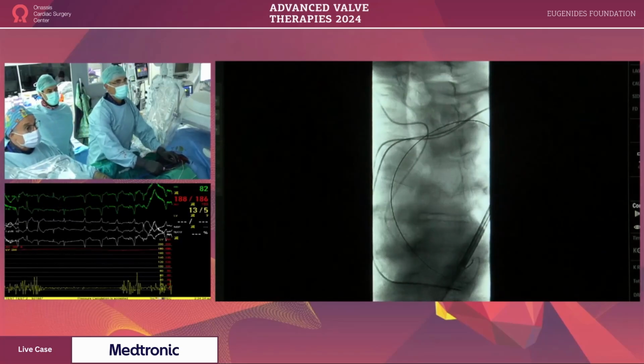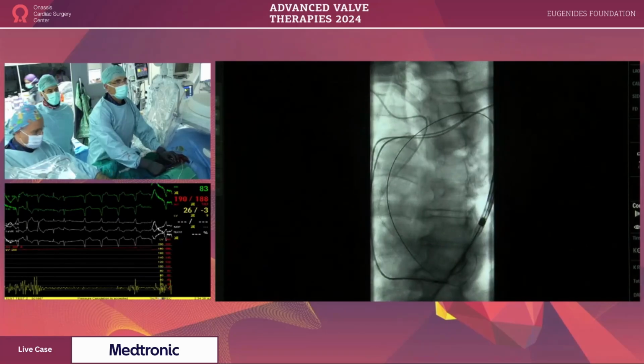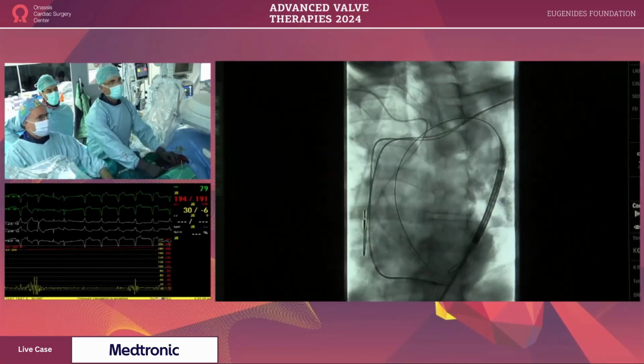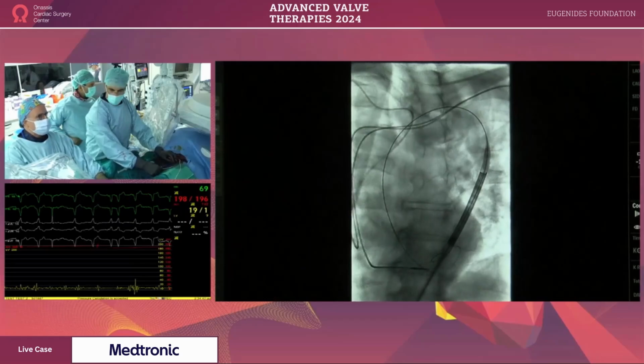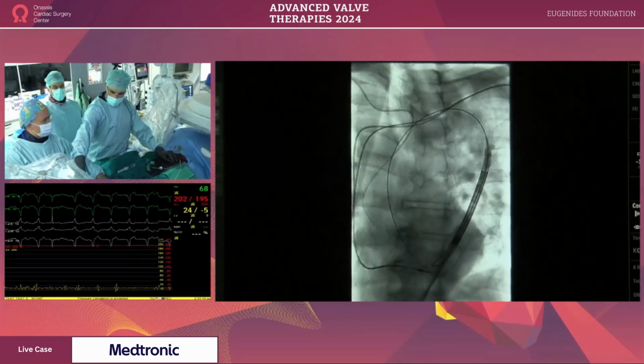Yeah, okay. So you can see here, it comes from the outer curve.